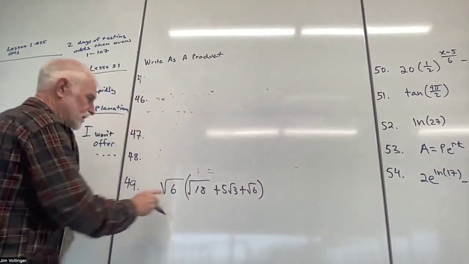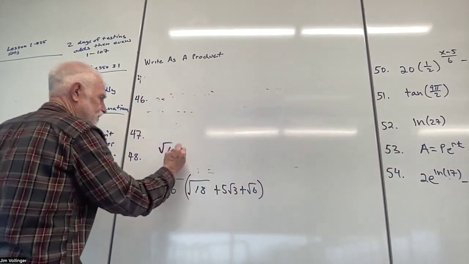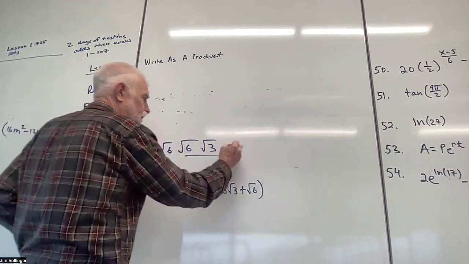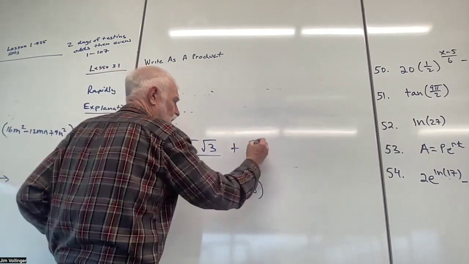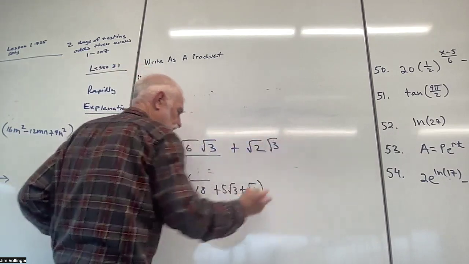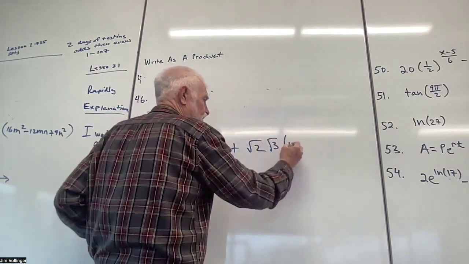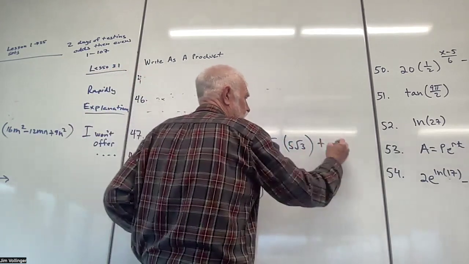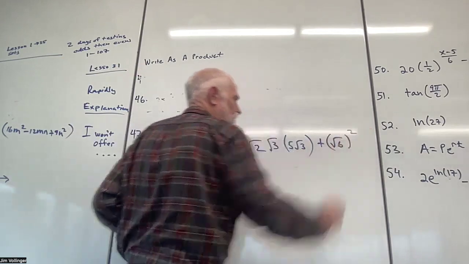Next problem. Square root of 6 times the square root of 6 times the square root of 3, that's the square root of 18. Plus the square root of 6, which is the square root of 2 times the square root of 3, times 5 root 3, and square root of 6 times the square root of 6, which is squaring that.